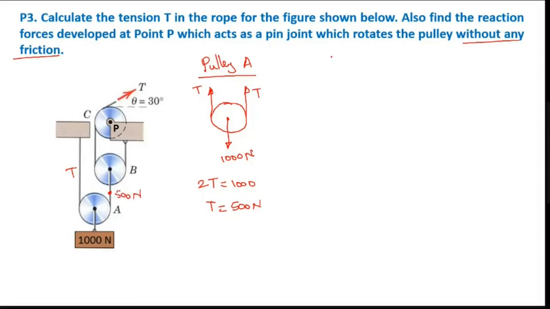Now I'll go for pulley B. Again, you have a circle, and you have a force here. This force is nothing but 500 Newton, which we identified. Now it is connected to 2 T's.